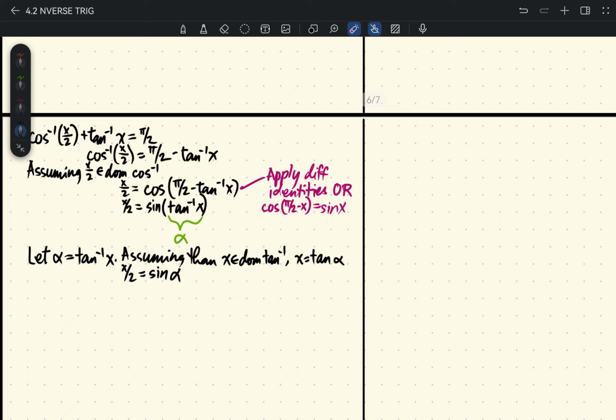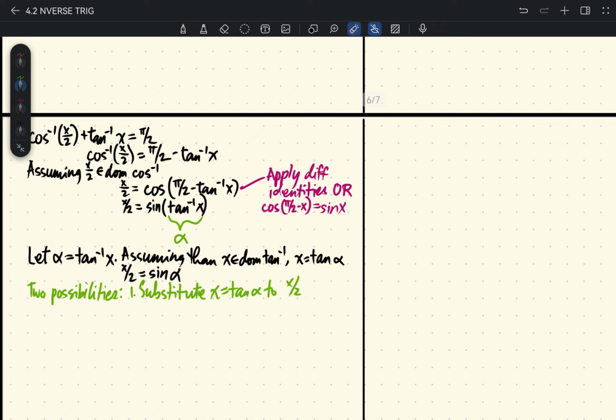And so, what we can do here are two things. First, you can already substitute tangent alpha here. So, two possibilities. First possibility is substitute x equals tangent alpha to x over 2.